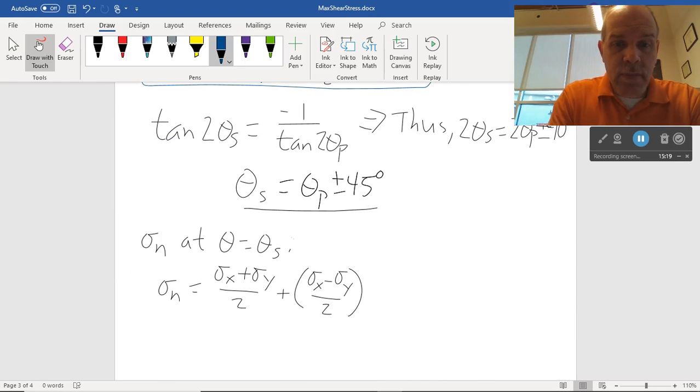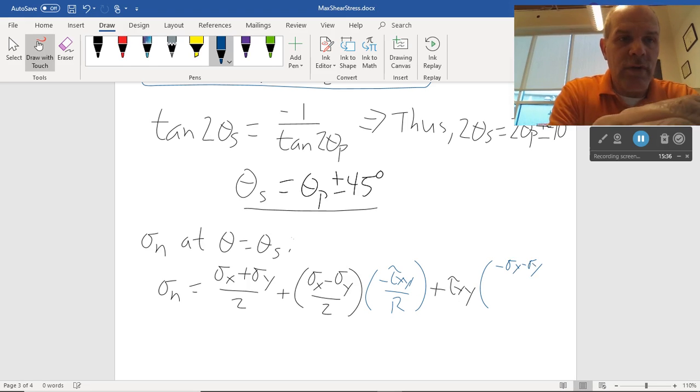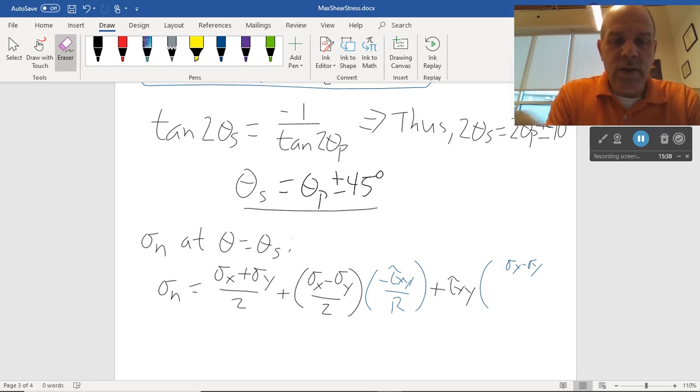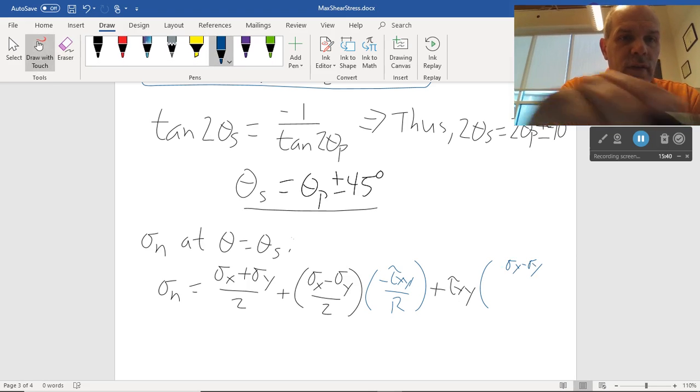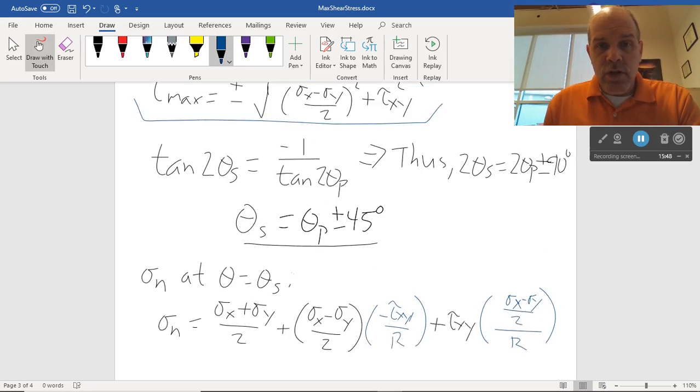So therefore this is going to be times negative tau xy over r, plus tau xy times the quantity sigma x minus sigma y over 2, all over r. Sorry, I don't have a negative sign on there. I apologize. That's the sine with sigma x minus sigma y over 2 all over r.